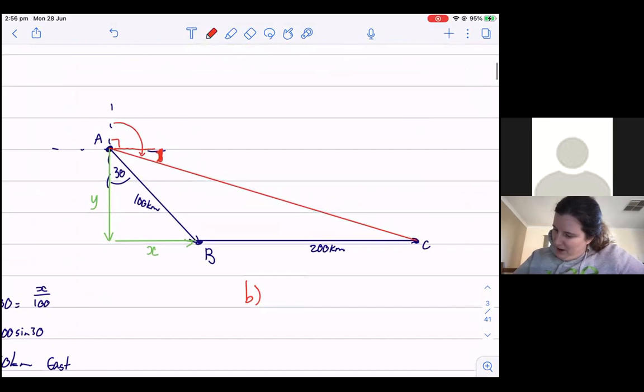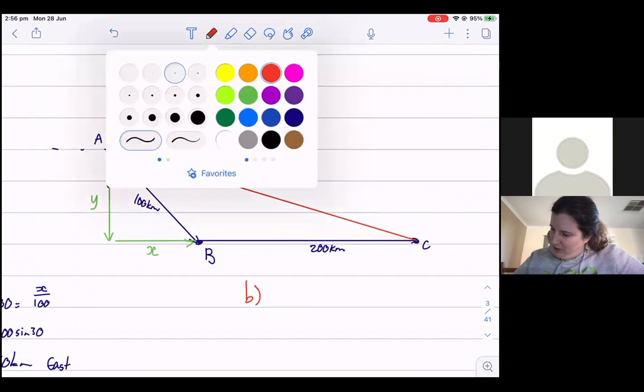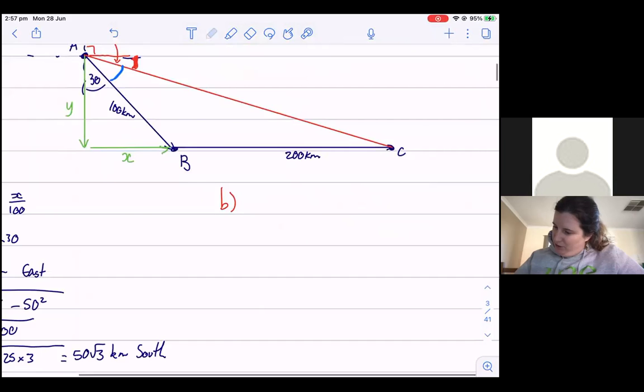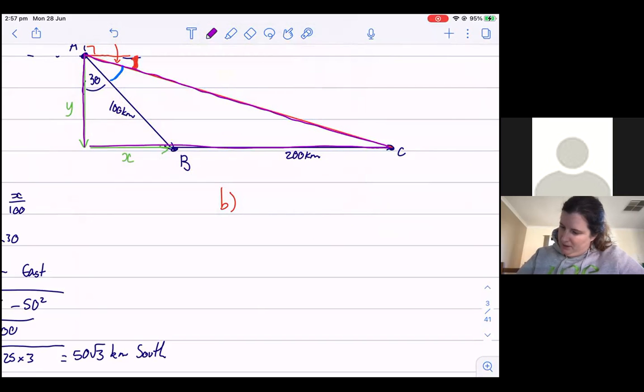But in order to be able to find that angle, I should start off by trying to find this angle. Yes, okay. What I can actually do is draw this overall triangle, because I know how far south it is.